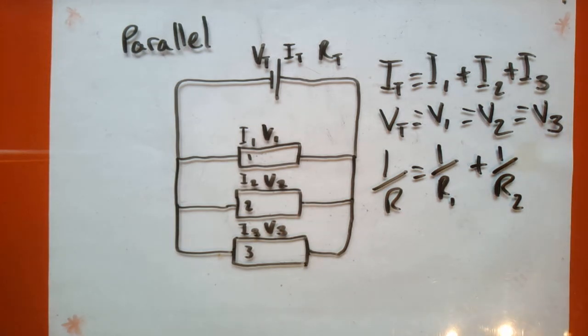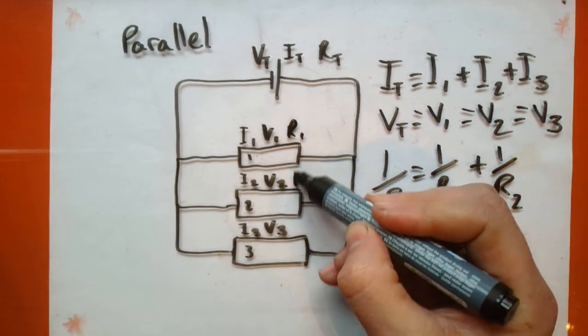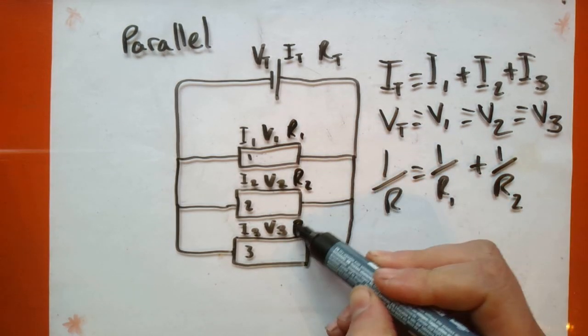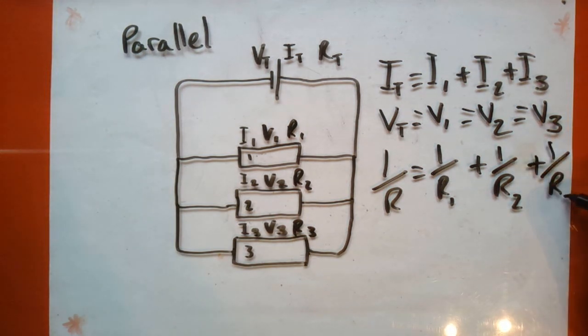What this means is that if we wanted to calculate the resistance around the circuit, we'd need to use this equation. We can use this for the third resistor as well.